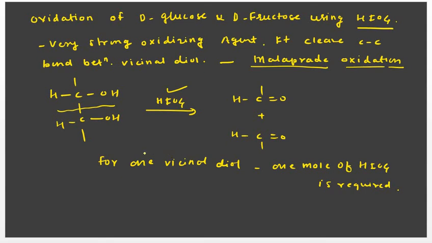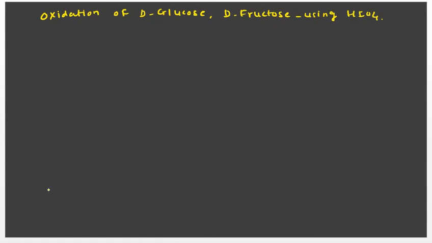Now let's see the reaction of D-glucose and D-fructose directly. Now we'll see directly the oxidation of D-glucose and D-fructose using HIO4. So you know the open chain structure of D-glucose, I will write here.